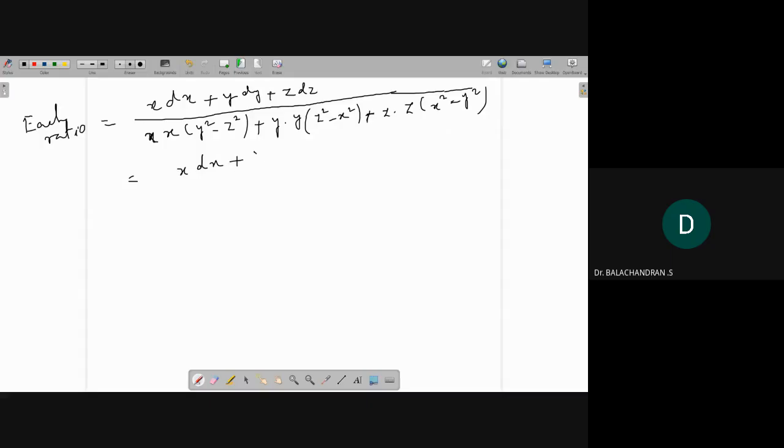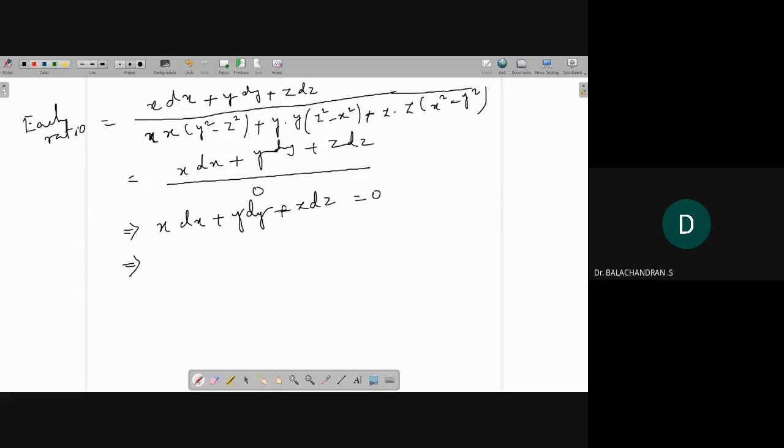Okay, I'll write one more step: x dx plus y dy plus z dz divided by 0, and hence we observe that the numerator, that is x dx plus y dy plus z dz, equal to 0.